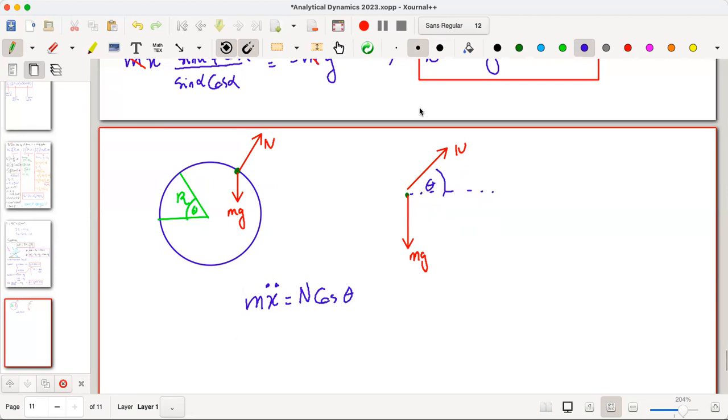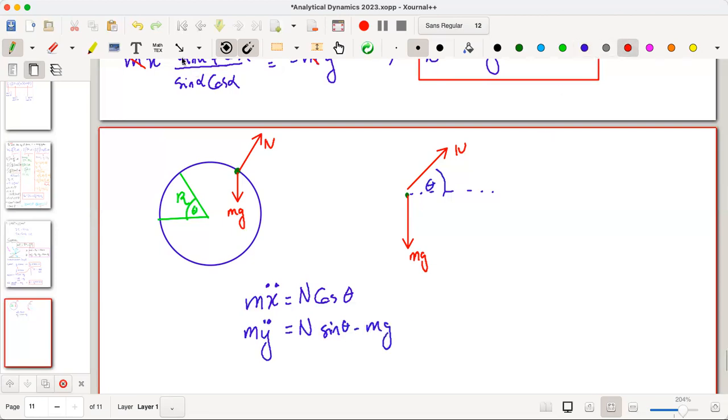What about the vertical component? The vertical component, we have m y double dot. There are two contributions to the forces here. One coming from the y component of the normal force, the other coming from the weight. So this is just n times sine theta minus mg.